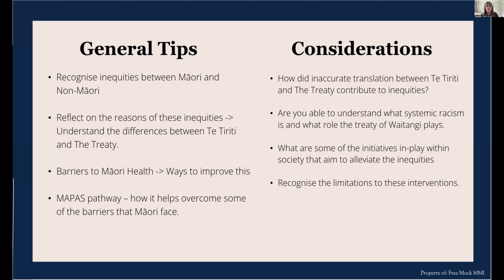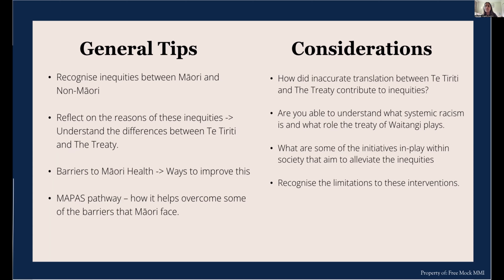An example of an intervention would be the MAPAS program. It helps reduce some of the barriers to becoming health professionals for Māori, and it helps with culturally appropriate care and things like that.